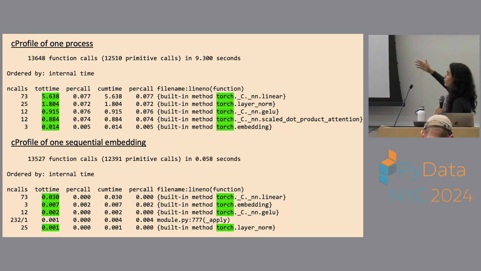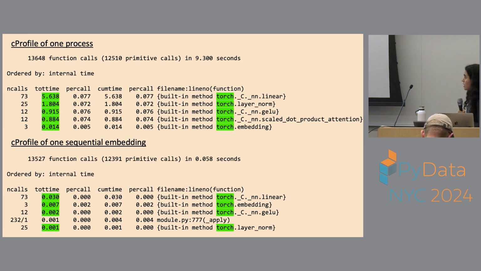They're not in the same order because this is ordered by total time, and it's taking different amounts of time, so the sorting is not the same. But ultimately, the same torch functions are called. And so this leads me to believe that there is something about multiprocessing that's leading the underlying torch functions to lock up and for the embedding to take longer.